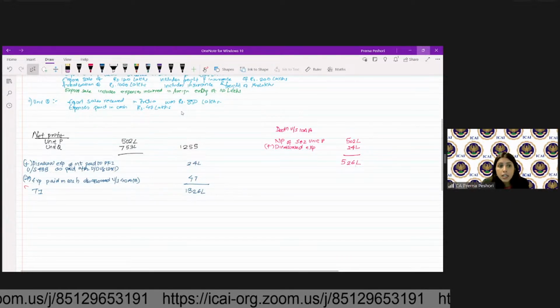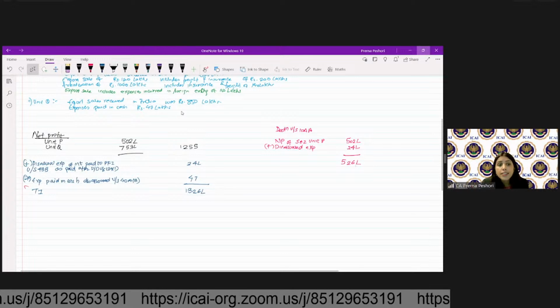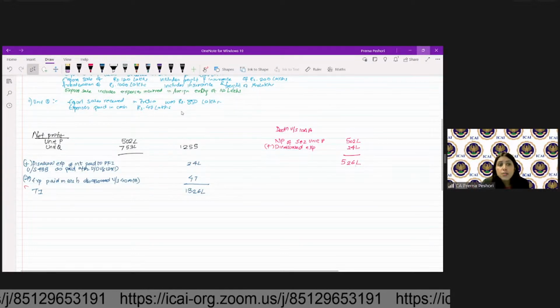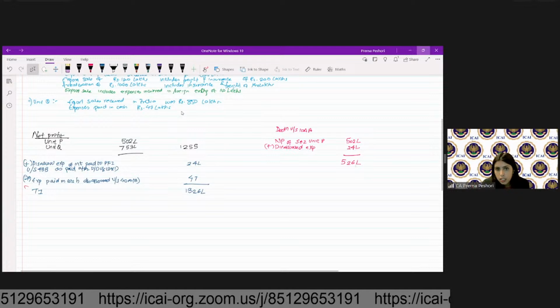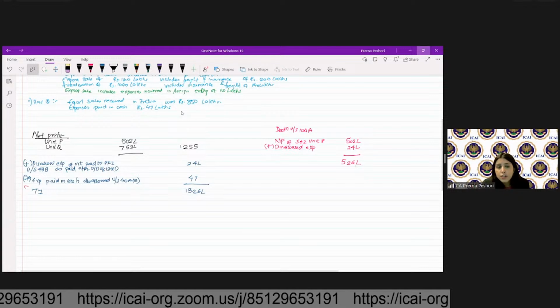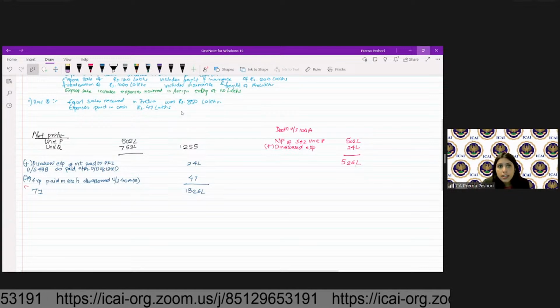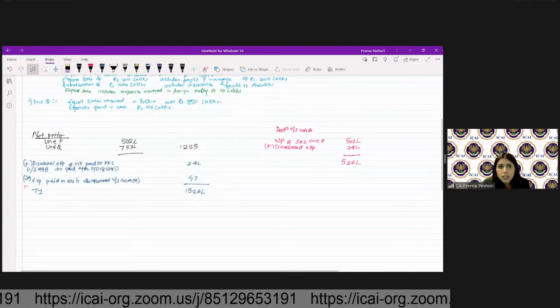Now, what will be my deduction over here? Deduction under 10AA is on the profit derived by the eligible undertaking. So let's read the information which is given.